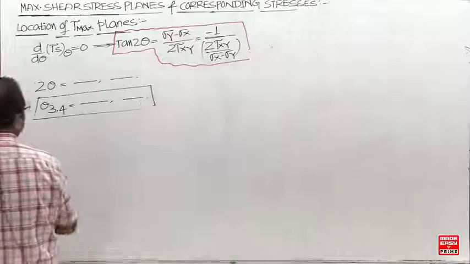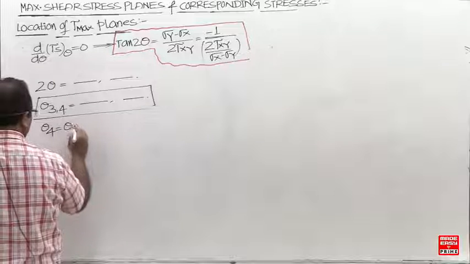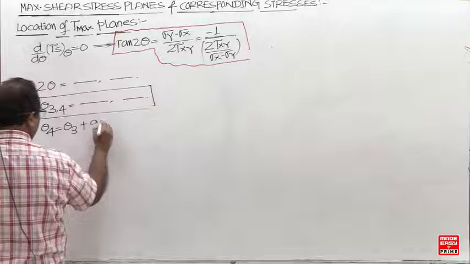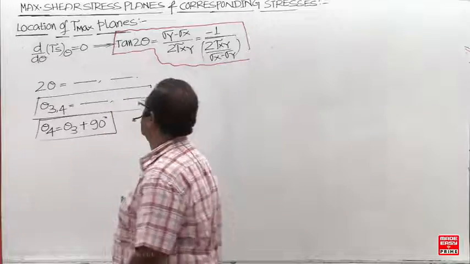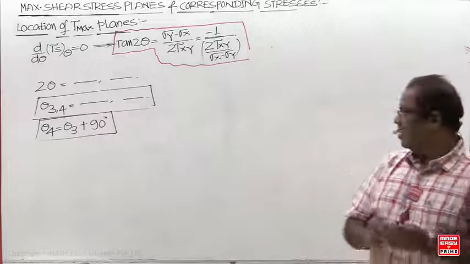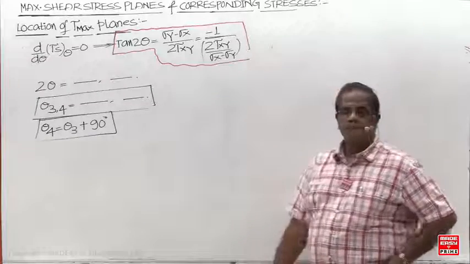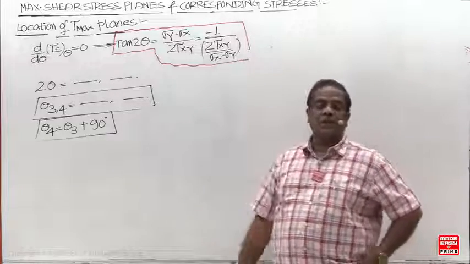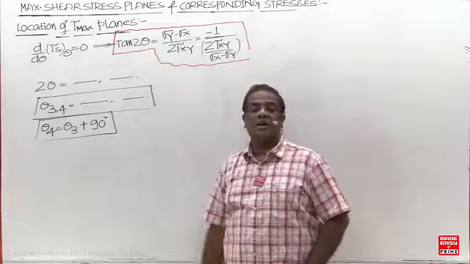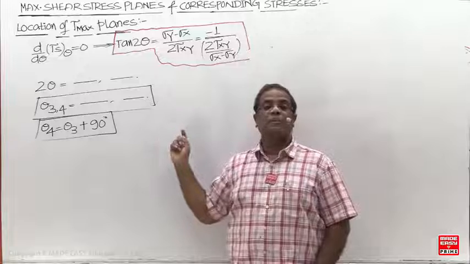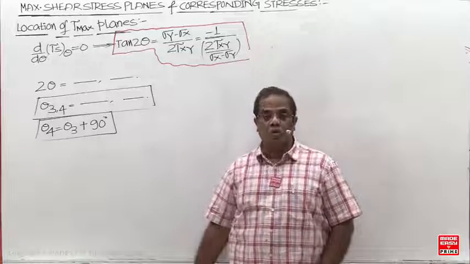And what is the angle between these two planes? Is this equation compulsory or optional? This equation is compulsory only when principal plane locations are unknown.